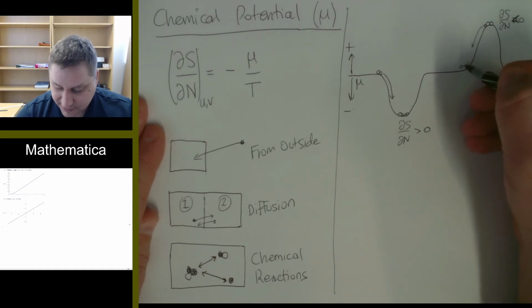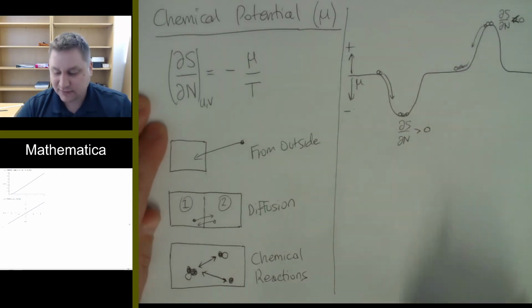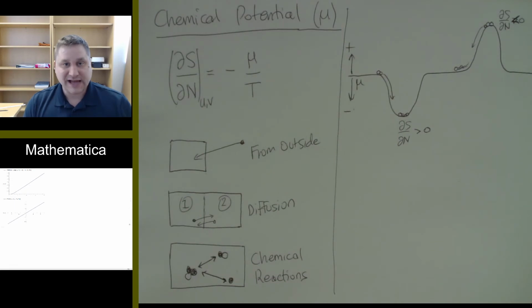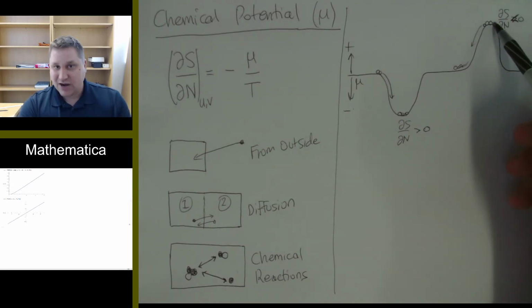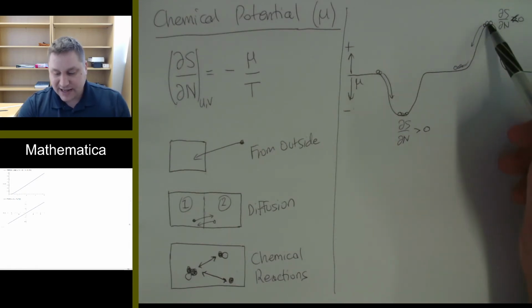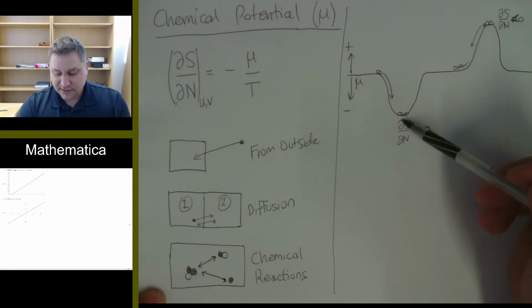Particles would naturally not want to be stable up at the top of the hill. They will tend to roll down off of that to lower their chemical potential. So what we'll find when we get to this is that chemical potential is a way to determine which molecules are favorable and which are not. A high chemical potential, if it has the option, if it's allowed by conservation of energy, mass, atom type, will break down in favor of creating products with low chemical potential.